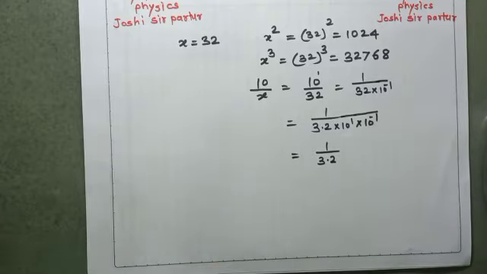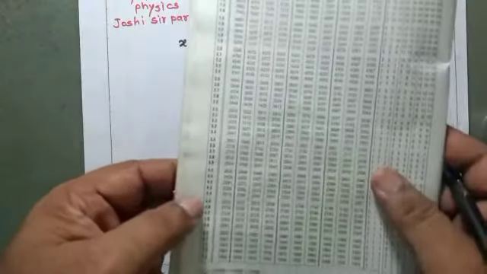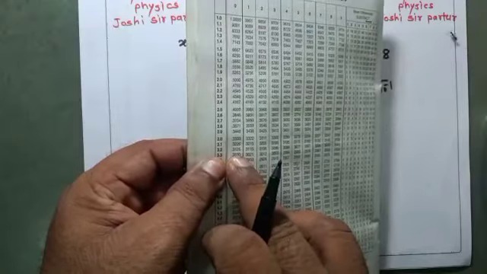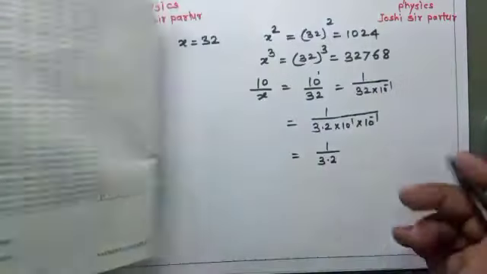When we see the reciprocal of 4 figures, the reciprocal of 3.2 has value 0.3125.